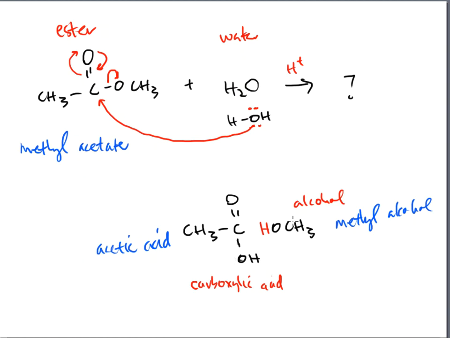The other thing I want to say, notice we answered this problem simply knowing the mechanism. Simply knowing that one little mechanism has been able to allow us to solve every single one of these reactions that come through. Organic is not about memorizing methyl acetate plus water gives me this. No. If that is what you're doing, you're learning organic the wrong way. You need to put in perspective.